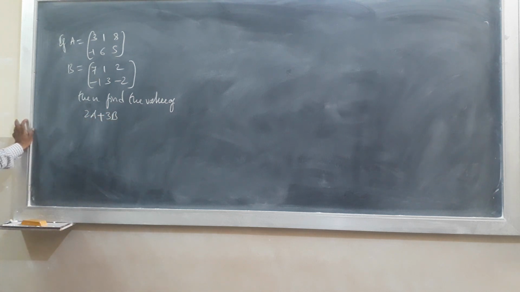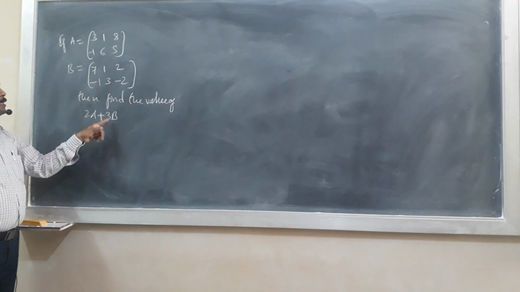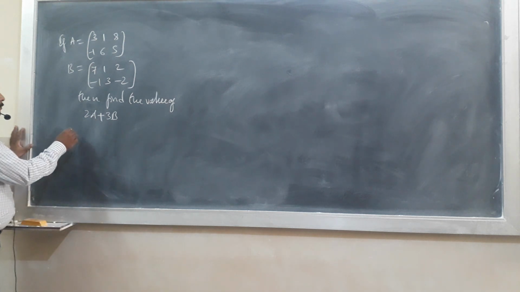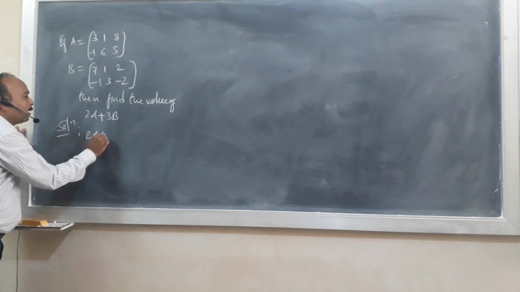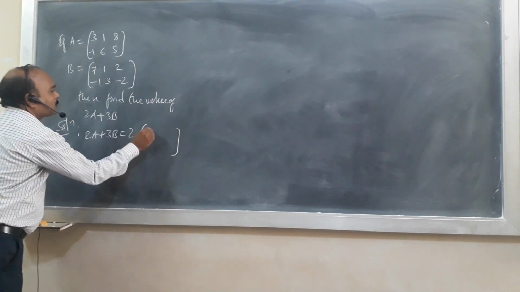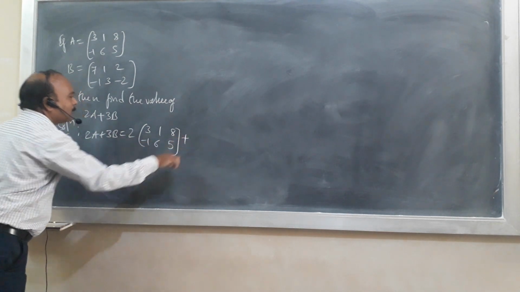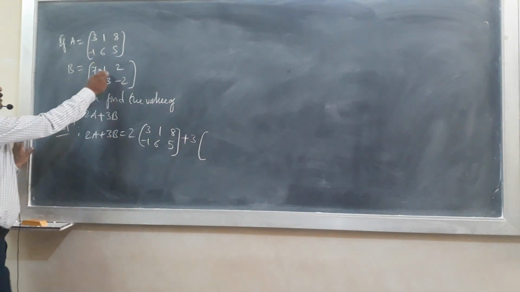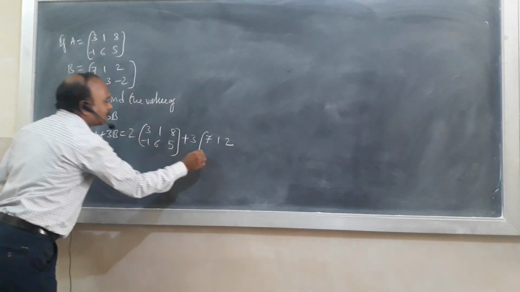Here we observe that matrix A is multiplied with a scalar 2 and matrix B is multiplied with a scalar 3, and both are added. This can be done like this. Solution: 2A plus 3B is written as 2 into matrix A, that is [3, 1, 8; minus 1, 6, 5], plus 3 as the scalar into the B value, that is [7, 1, 2; minus 1, 3, minus 2].